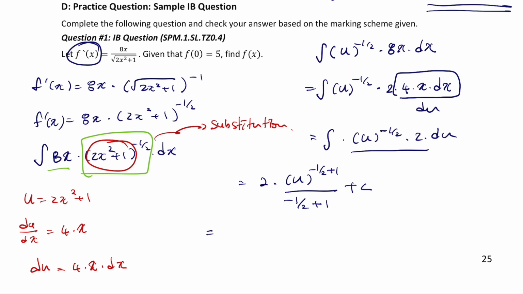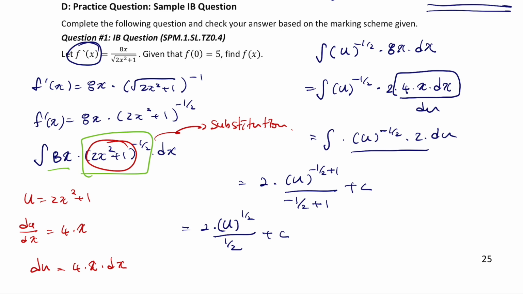Then when we simplify this function, it becomes 4 times u to the power of 1 over 2, or let's include one more step. This is the same as 2 times u to the power of 1 over 2, over 1 over 2, plus c.